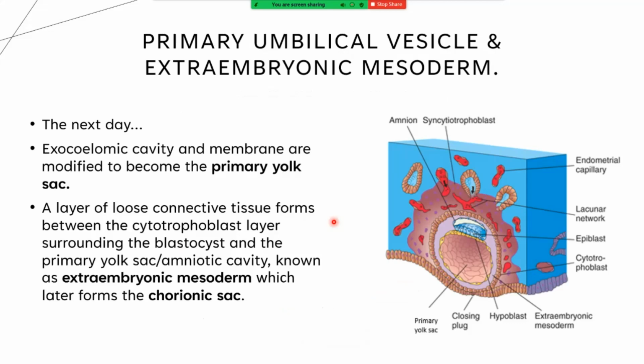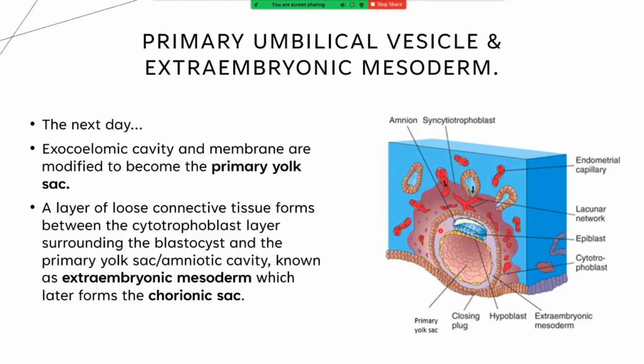Okay, what happened the next day? The exocoelomic membrane is modified to become the primary yolk sac. So they are now the primary yolk sac cells. How do we differentiate between the exocoelomic cavity and the primary yolk sac? You can see in this picture, there is an additional layer that forms outside the exocoelomic cavity.